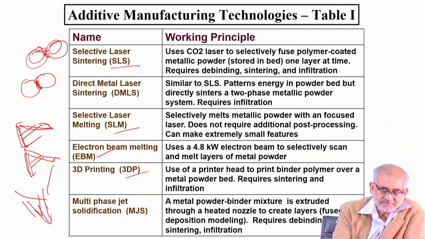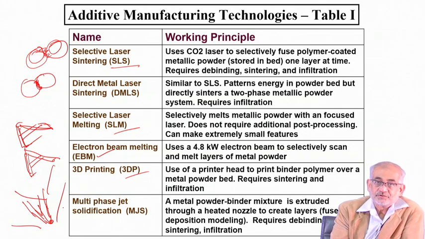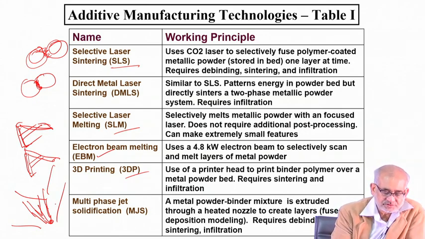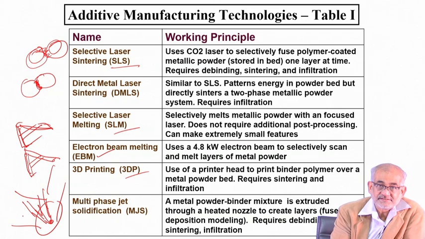So if the laser beam is incident here, the powder can also come in a concentric manner to the same focal spot. This is a lot better than having laser and powder coming from two different directions. In fact, these days with a fiber laser delivery system, this kind of a possibility has become extremely feasible.